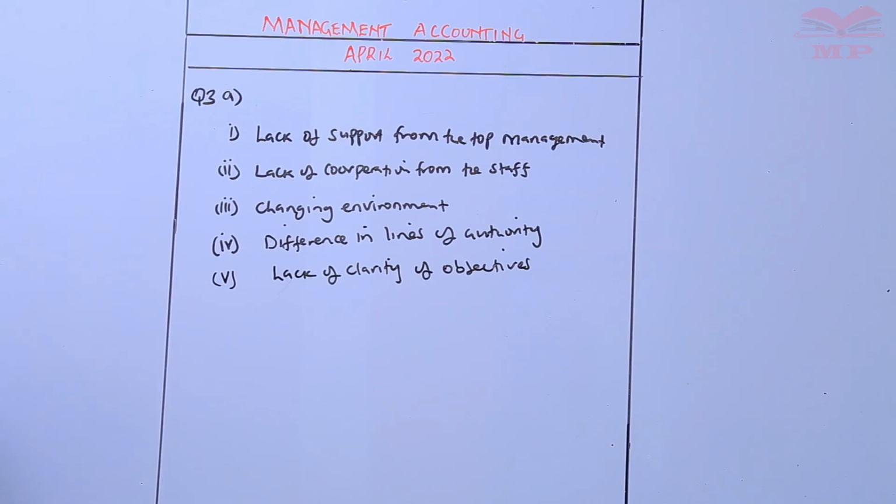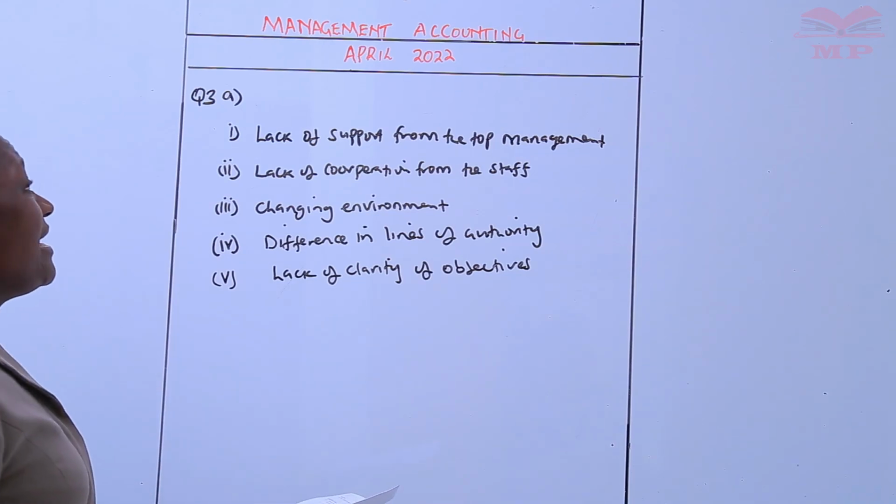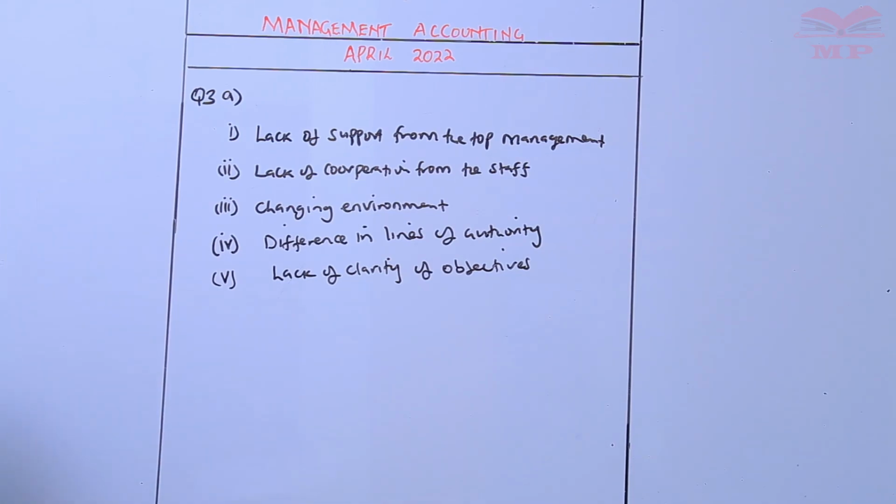So the main motive or intention of a cost management accounting system is it must be relevant and therefore be able to provide relevant information which the management can use for decision making. But when the installation process begins, there are sometimes challenges, and some of the challenges is we may have lack of support from the top management.